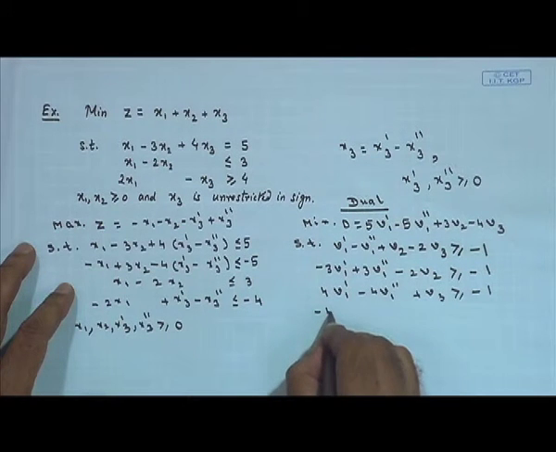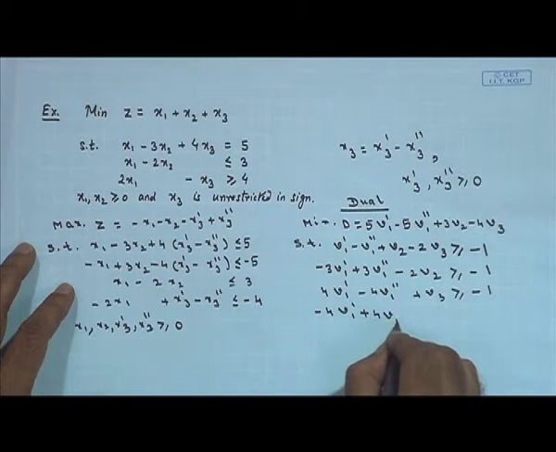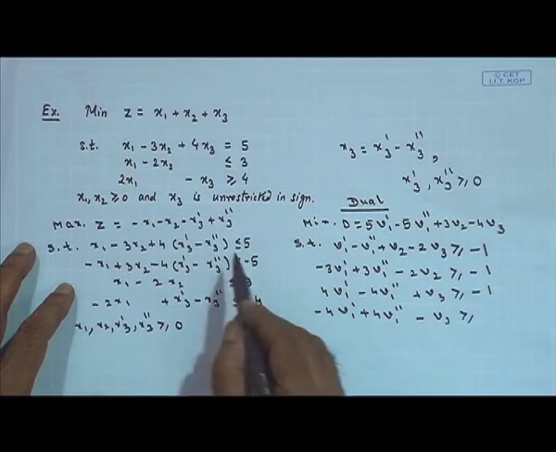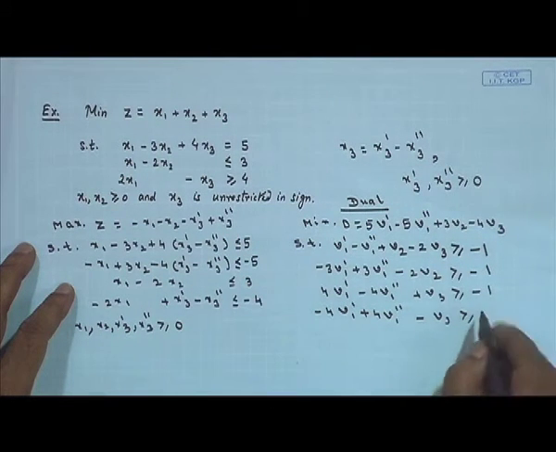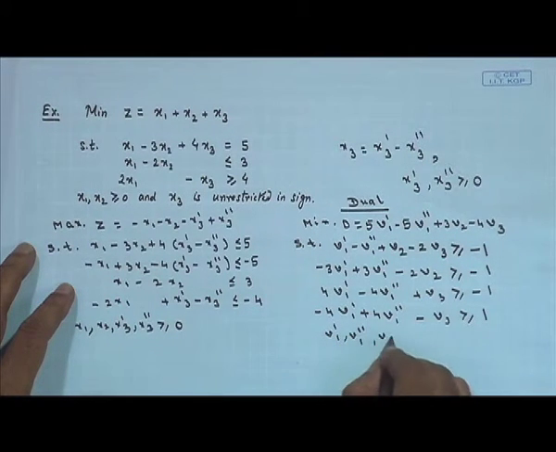And the last one will be minus 4 v1' plus 4 v1'' minus v3, which is greater than or equal to 1, the coefficient of x3''. And v1', v1'', v2 and v3 are all greater than or equal to 0.